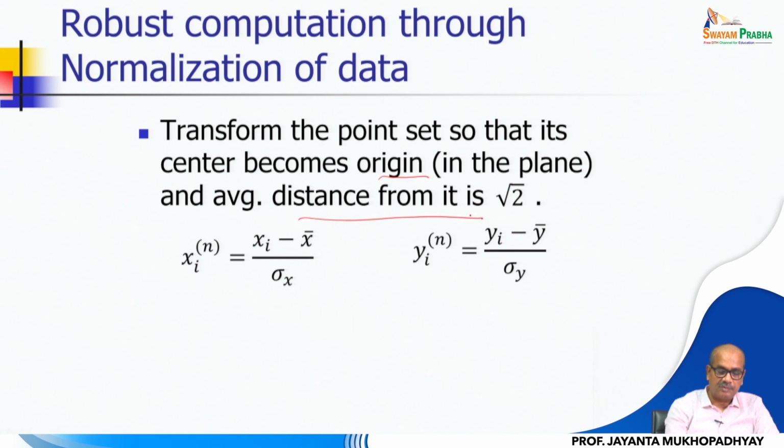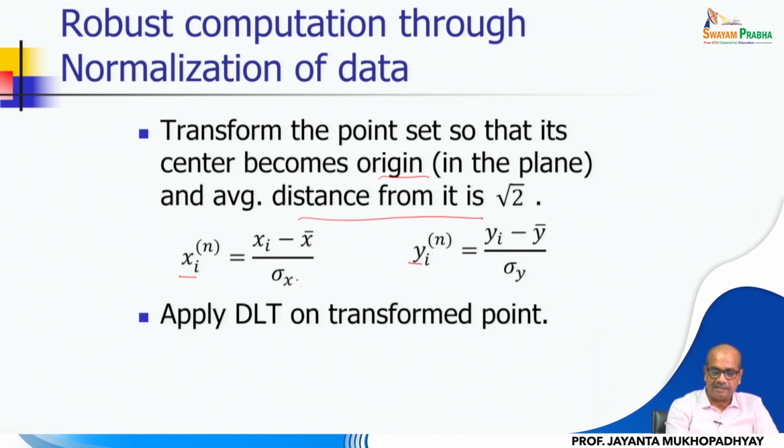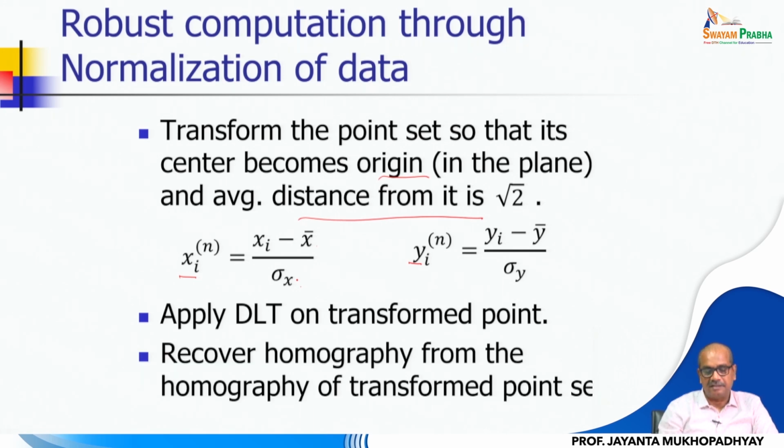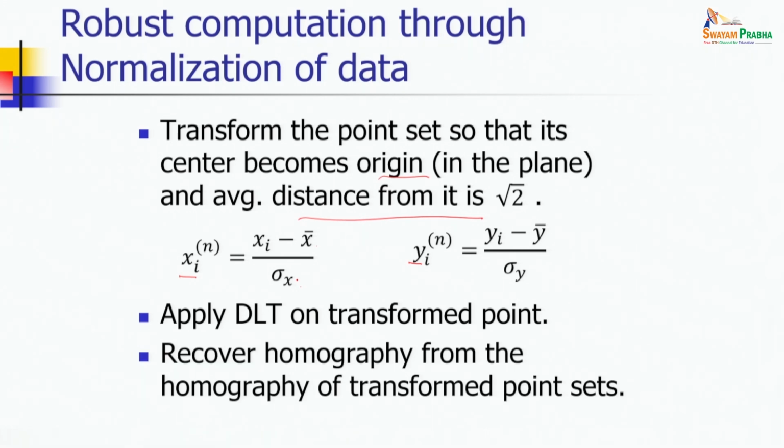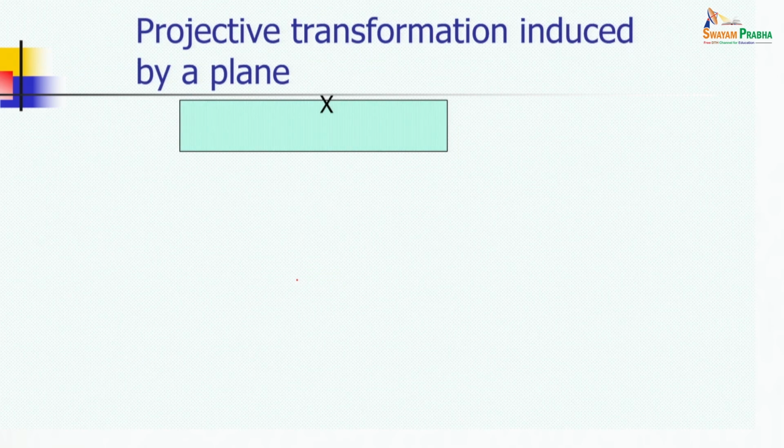All the x coordinates and y coordinates in the input data set in each space are basically normalized, as we do for a normal distribution, by subtracting the mean and dividing by the scale factor. So you get the respective transformations, and then you can apply this DLT on the transformed points and recover the homography from the homography of the transformed point sets.